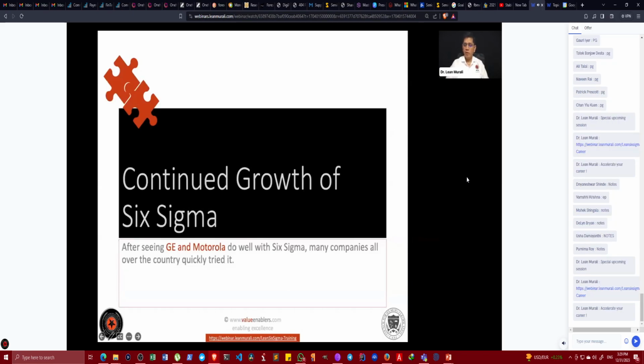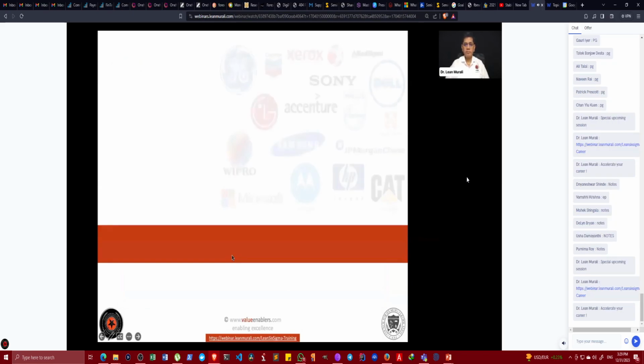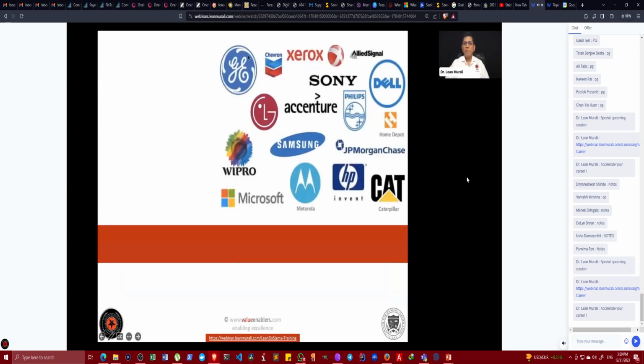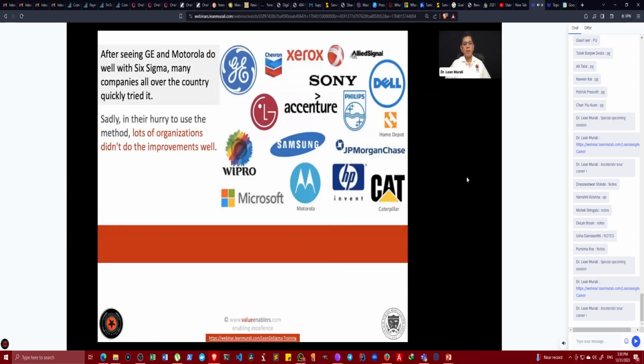So that you can become a trainer, coach, consultant. So a lot of companies, apart from Motorola and GE, a lot of companies joined the bandwagon, such as Allied Signals, Sony, Accenture, Samsung, Motorola, Microsoft, Wipro, all that. In fact, Wipro has a division where it consults people on Lean and Six Sigma. Okay, so many countries quickly adopted it.